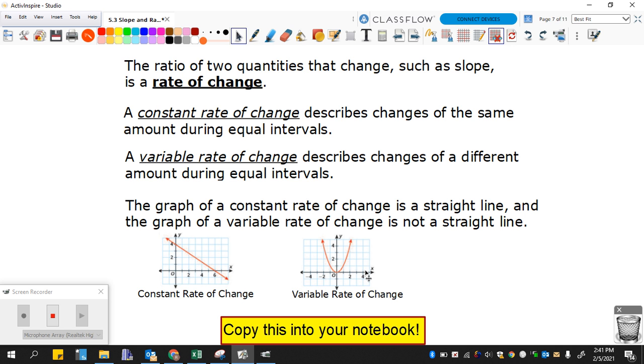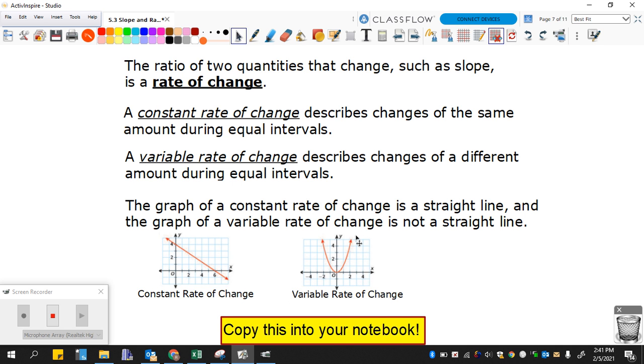You pull the plug and that water drains out at a fairly constant rate of change until the sink is empty. A variable rate of change is if you're in a car, for instance, and you come up to a stop sign, you're going fast, and you slow down until you stop at the stop sign, and then you speed up again to get going.